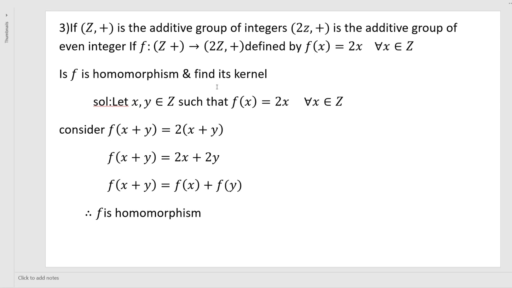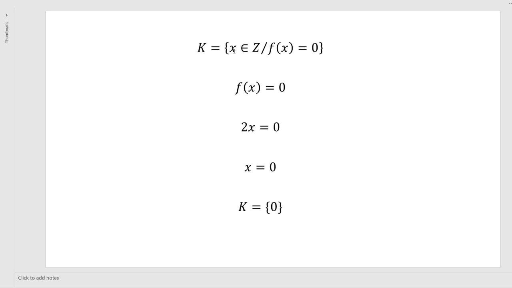Because here, the codomain is the set of even integers with respect to the binary operation plus, addition, right? Therefore, the identity element is 0. Therefore, f(x) = 0, that is 2x = 0. So then x = 0. That is, K contains only a single element, that is 0. K = {0}.